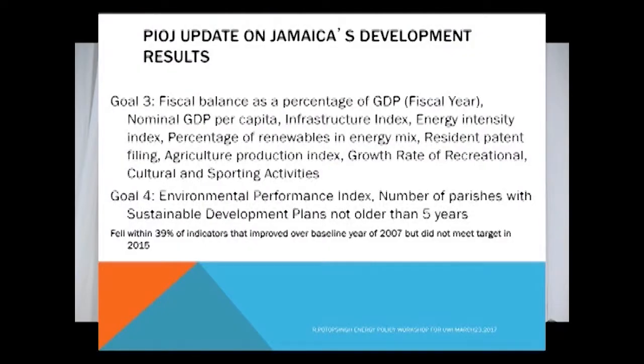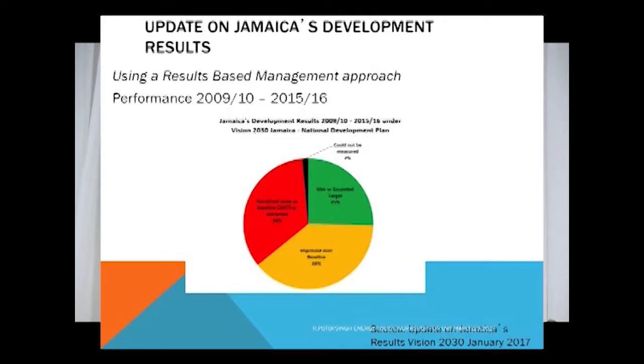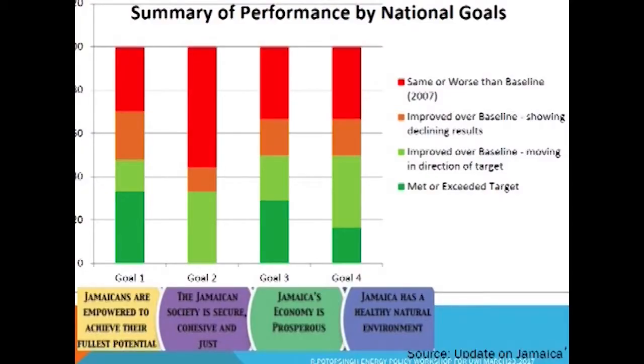As well as one of the other factors in goal 3 is the percentage of renewables in the energy mix. And goal 4 speaks to environmental performance, and there are other indicators that are involved in that goal 4. Using a results-based management approach, the Vision 2030 team has evaluated how well we are doing. And in both goal 3, under which energy falls, and goal 4, they fall in this improved over the baseline, 39%.